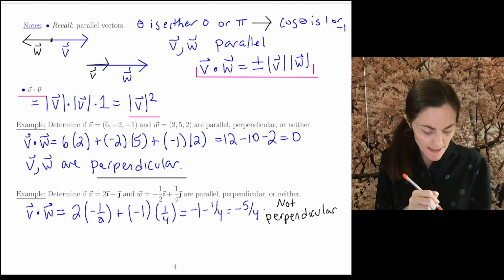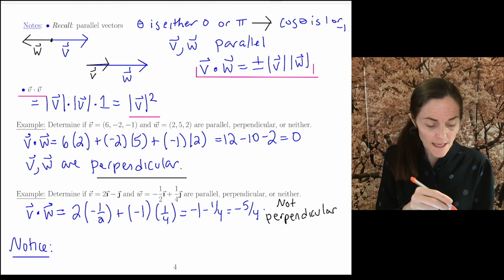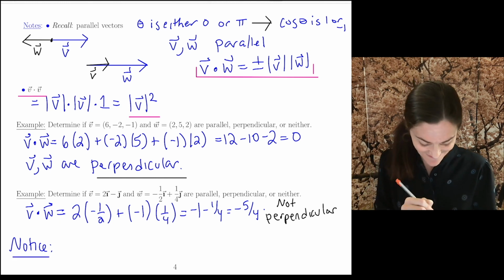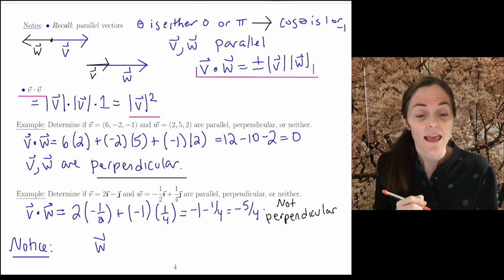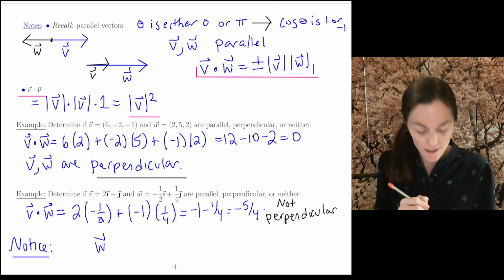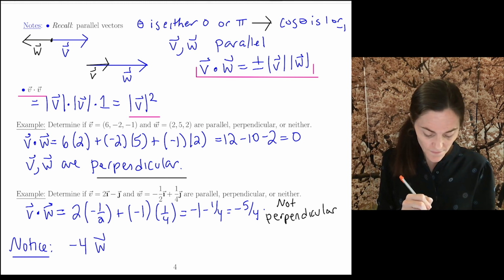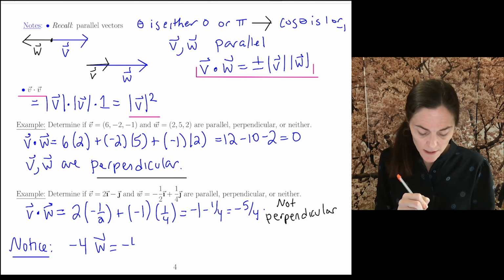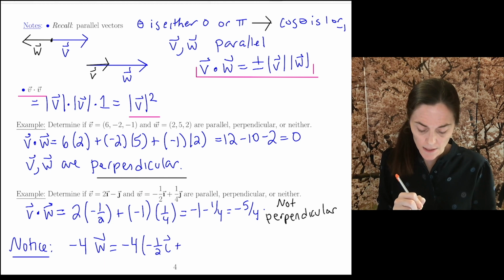And how are we going to see this? Well, let's just notice, if we take W and multiply by minus 4, what do we get? We get minus 4 times minus 1/2 i plus 1/4 j.